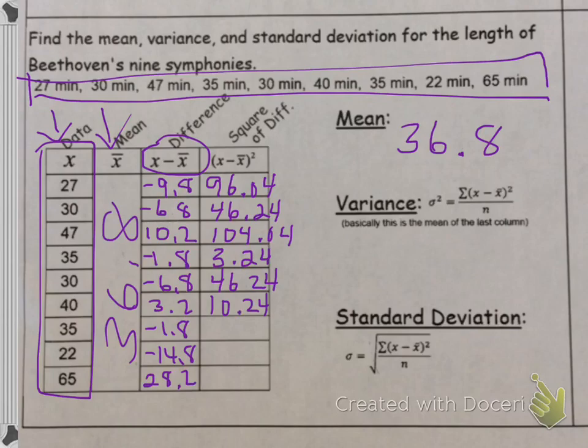Negative 1.8 squared is 3.24. Negative 14.8 squared is 219.04. And 28.2 squared is 795.24.